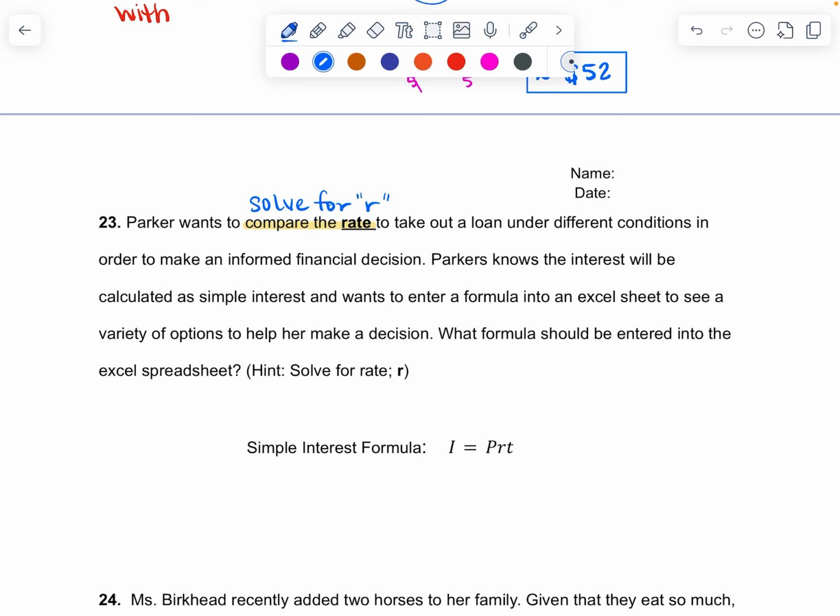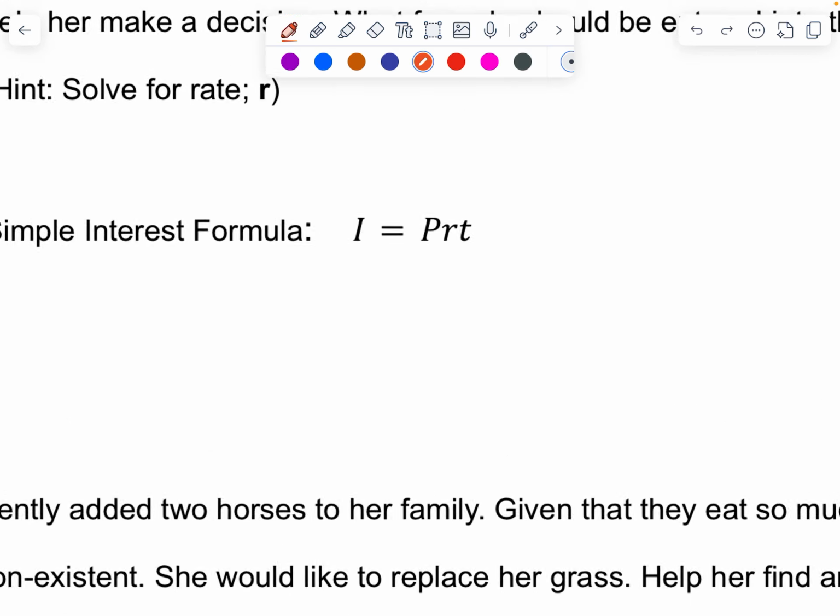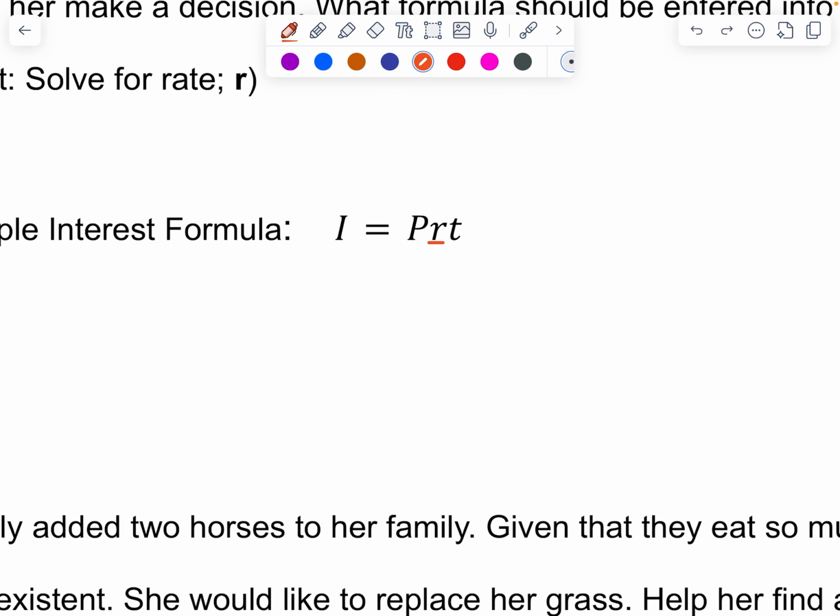Okay, so this whole big thing is just one fancy way of saying take this formula for simple interest, I equals PRT. Right now the I is solved for because he's by himself, but we want to rearrange it and solve for the R. We talked about basically this exact same question earlier in that literal equations problem.